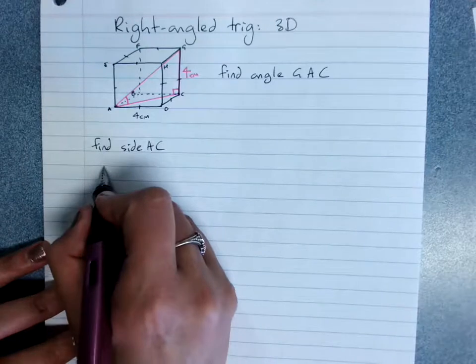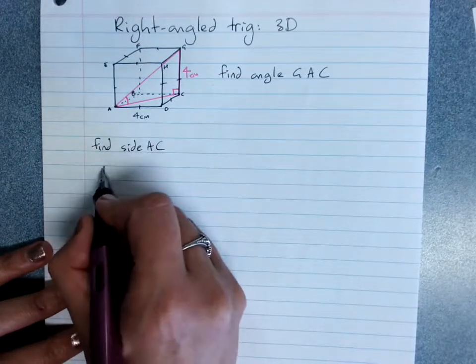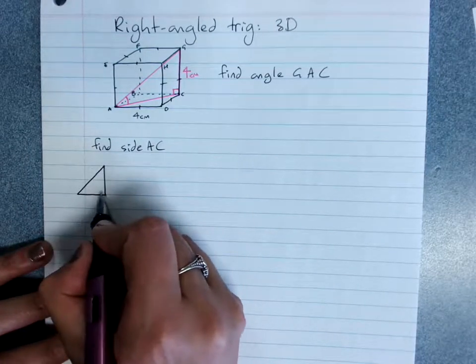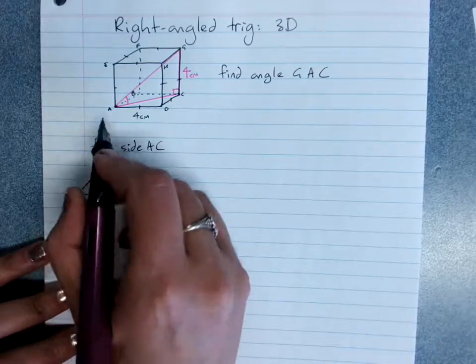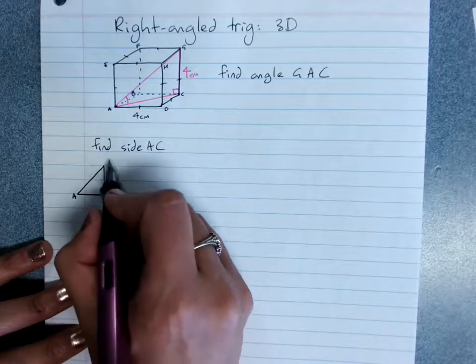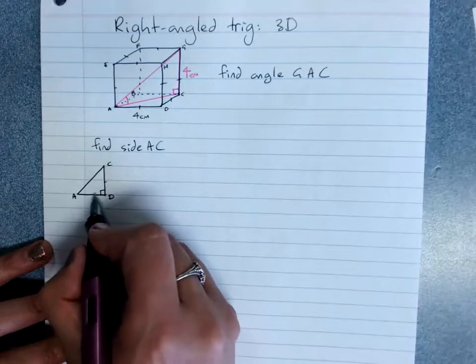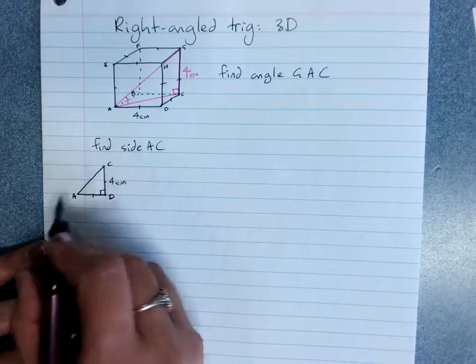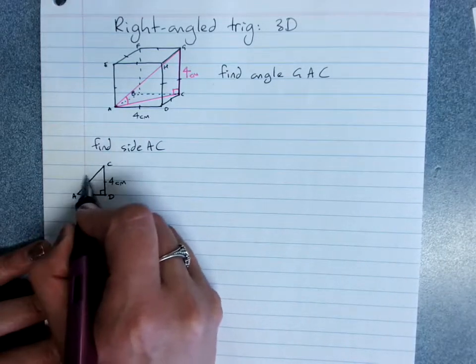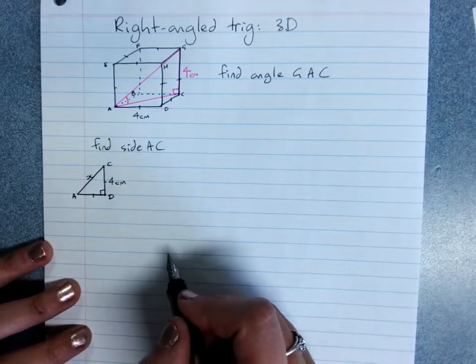Draw the triangle that is being used in this step. It's got labels on its corners, A, D, C, so we put them in. It's got side lengths of 4 centimetres, and I want to find side AC, which is X.